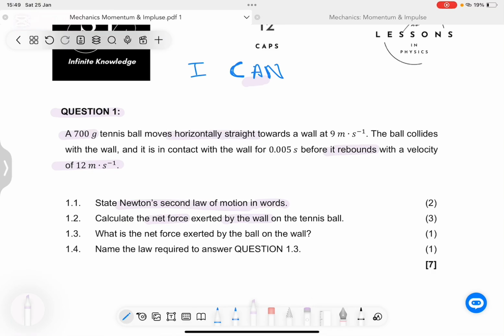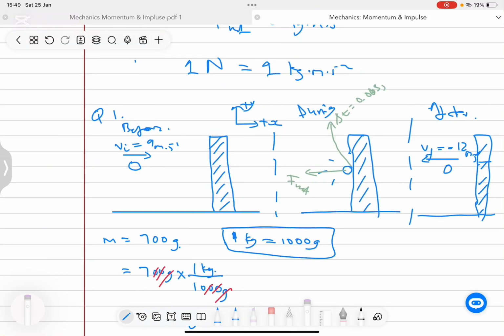1.3 reads as follows. What is the net force exerted by the ball on the wall? Remember that we have the force that the wall exerts on the ball. This is the force of the wall on the ball. It pushes the ball back so that it goes in that direction.